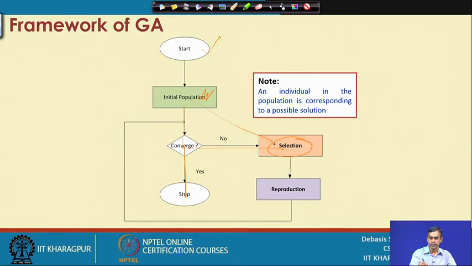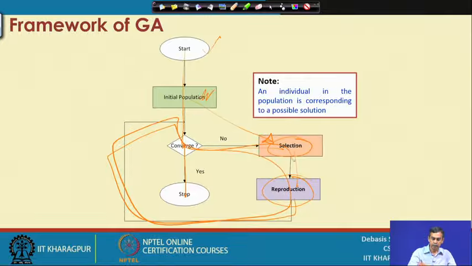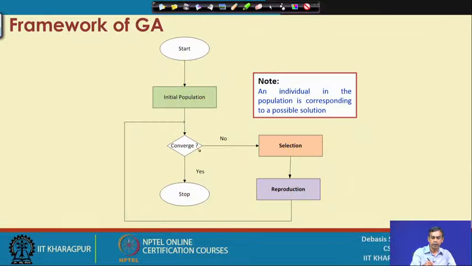Out of this population it selects the best, and those best are responsible for reproduction, which generates the next population. Then again we check whether the next population has converged. Converge means we can achieve our goal or not, that means complete or not. So, this algorithm is a continuous, iterative process which runs for long until we come to convergence. Convergence means that we have found the optimum result.